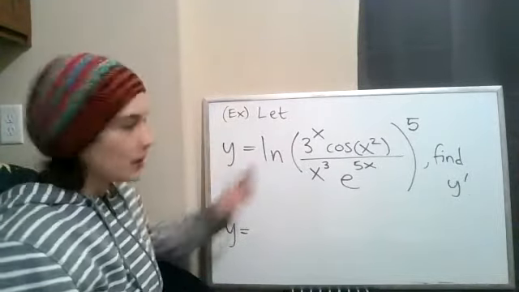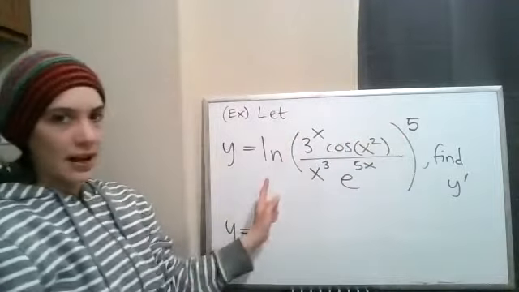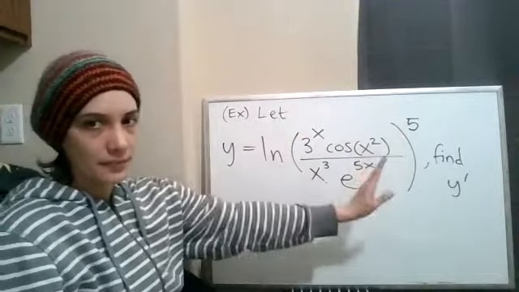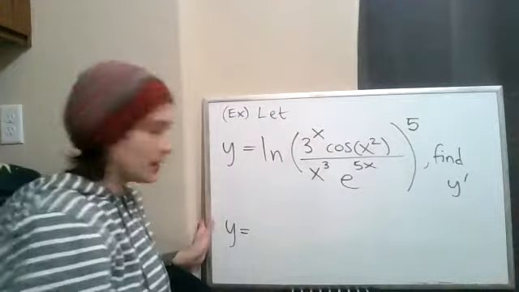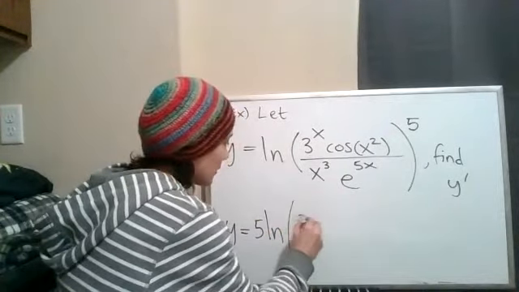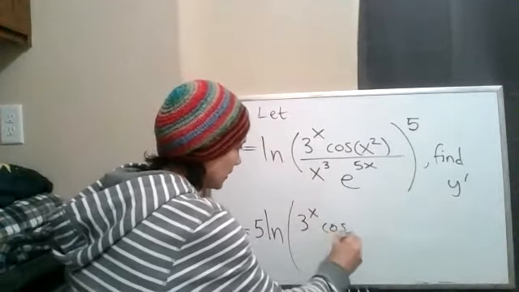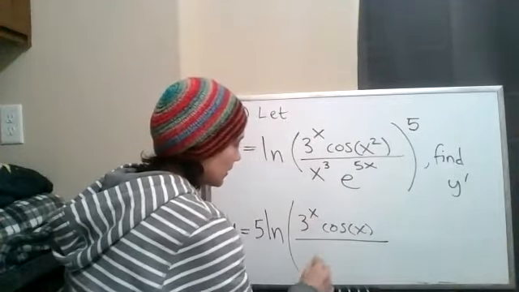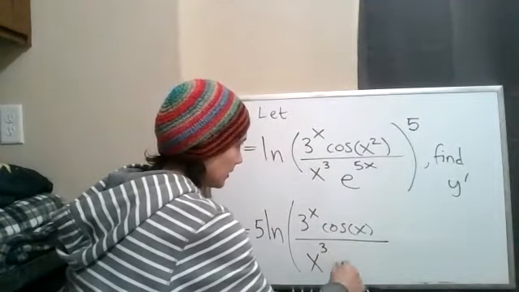So the y we have, we can write as 5 times ln of the argument, 3^x cosine x over x cubed e^5x.